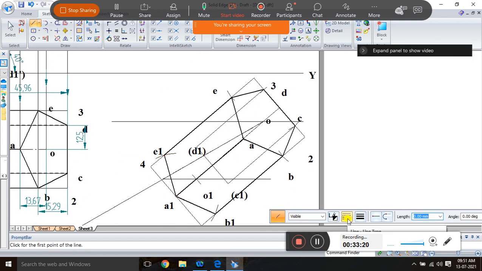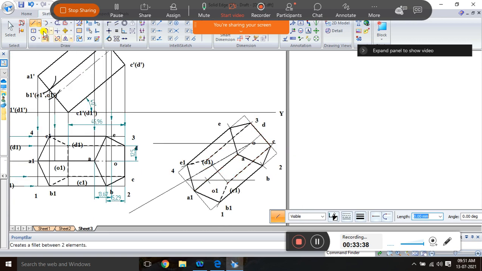Similarly, you just go with the hidden edges. So this D1 to this and here to here, and similarly from here to here and here to here, and O and O1 as usual. Okay, so like this you have to reconstruct the entire thing here with the help of the box method.